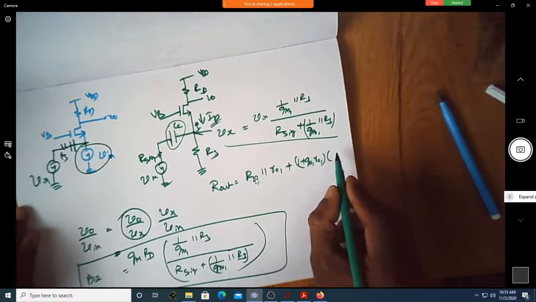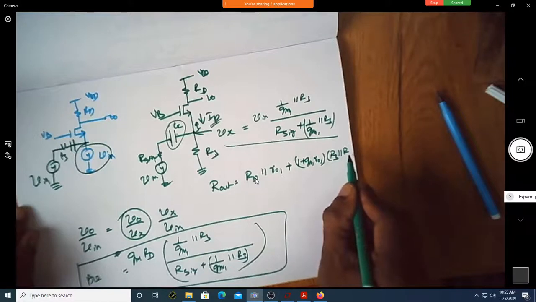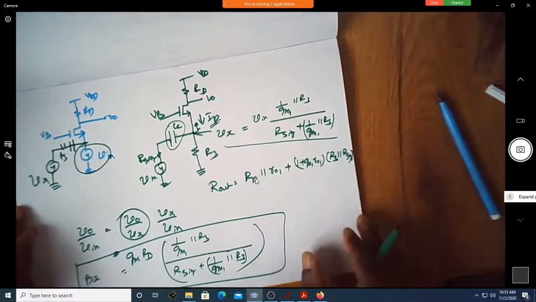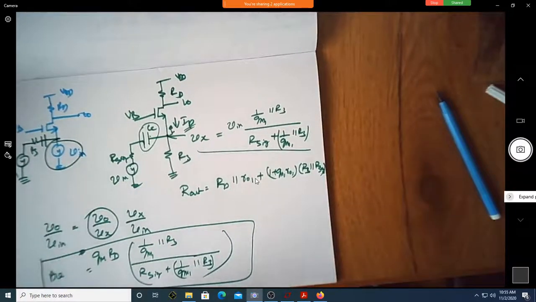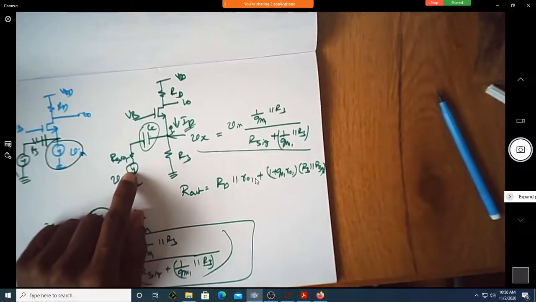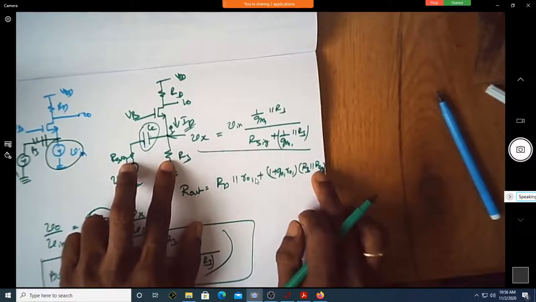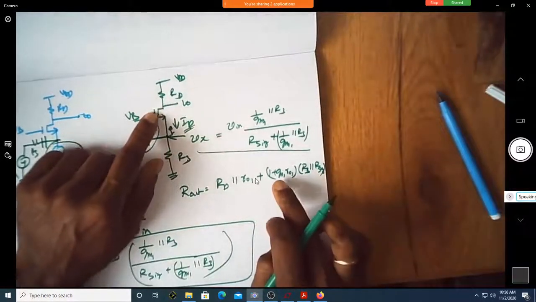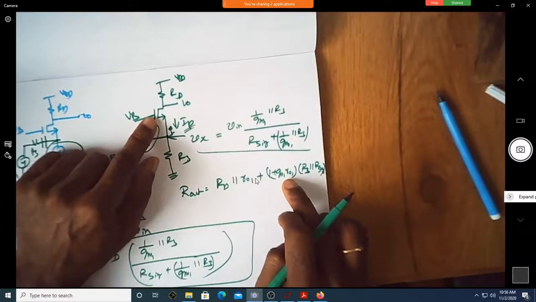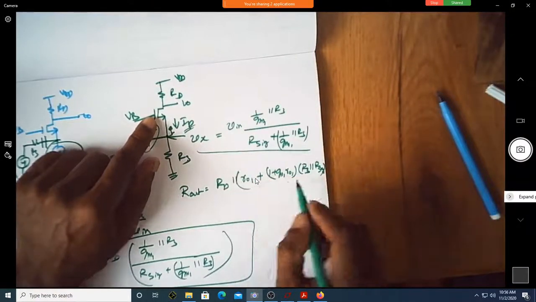Is it not R3 in parallel with R signal? Because when you ground this, R3 and R signal will come in parallel. That will be seen as a heavy resistance, multiplied by 1 plus GM into R naught, times R naught in parallel with R.